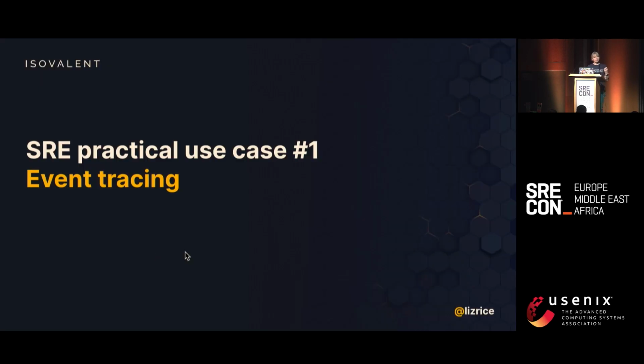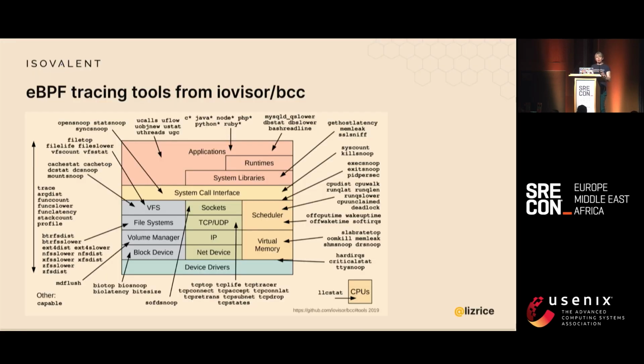Which takes us on to the first practical use, I think, for eBPF in the world of SRE. And this is the ability to trace out different events across a system. I'm sure a lot of you will have already come across the BCC project and a lot of the observability and tracing tools that Brendan Gregg did a lot of work to popularize.